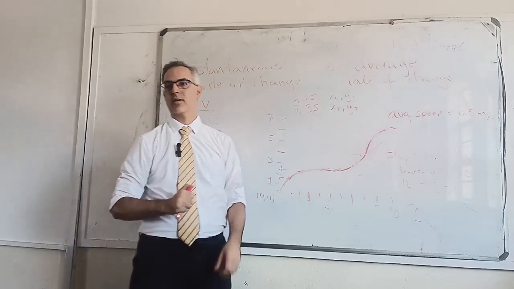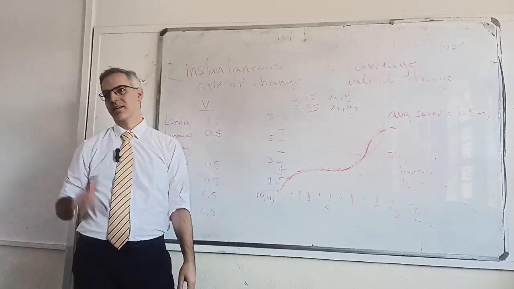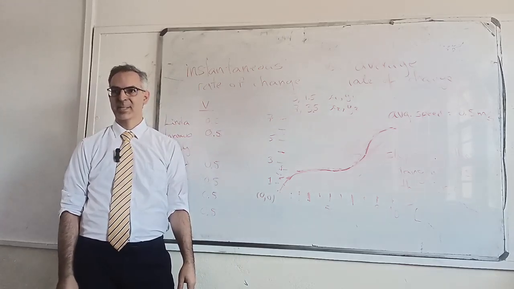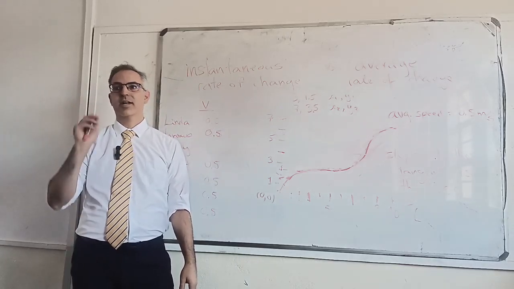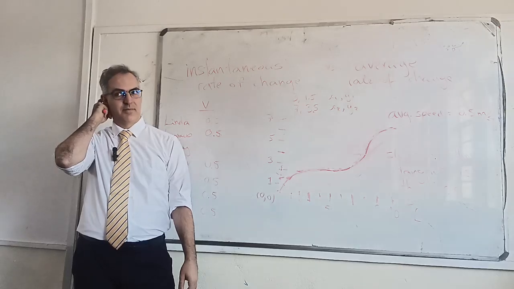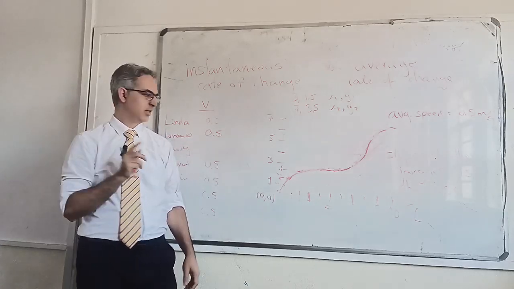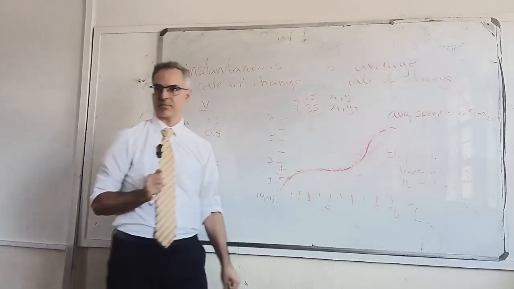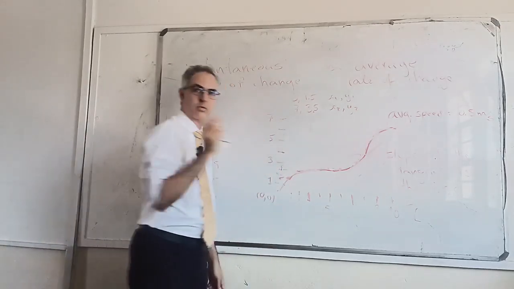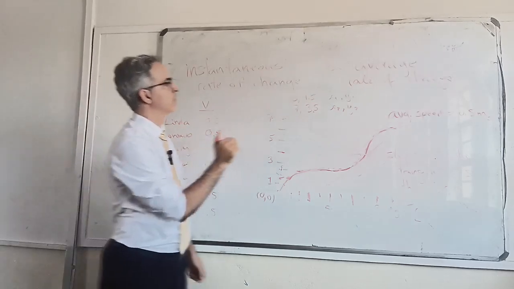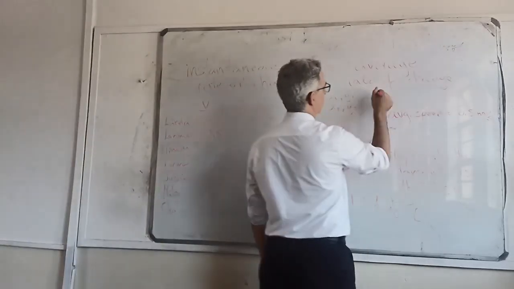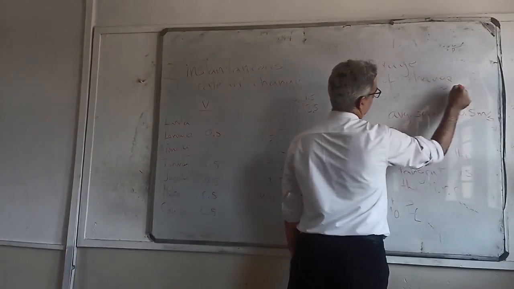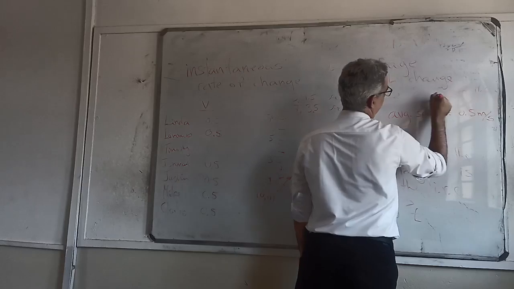So, how can we find the average speed using that tangent line? If you want the average speed, you don't need a tangent line. Average speed is defined from one point to another point on the curve. So average speed is the average rate of change between 2 points on the curve.